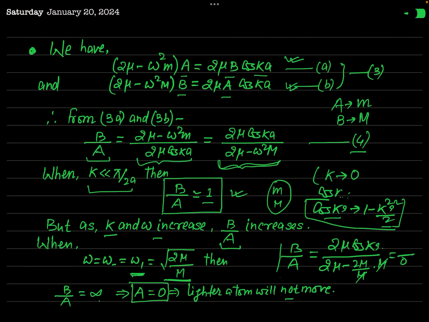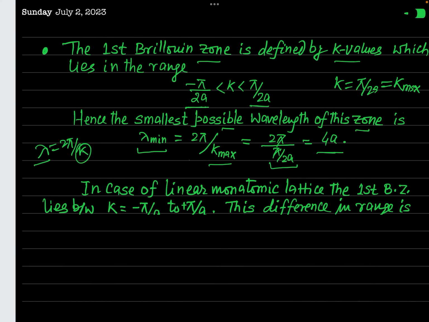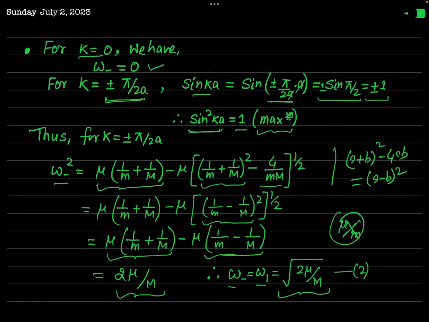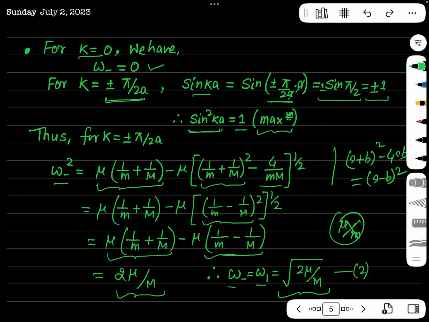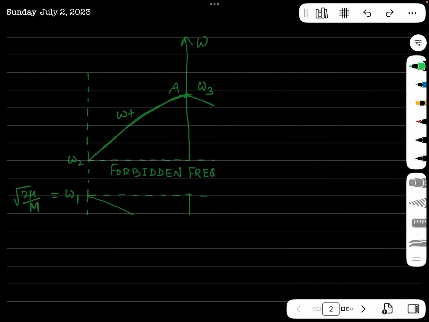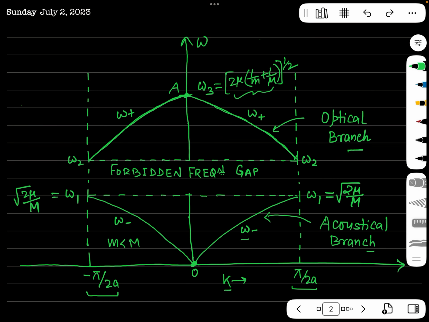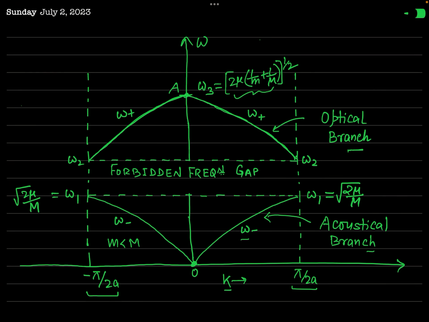So you can see the dispersion relation curve here. This is your curve. Here omega 2, what is omega 2? You have obtained that this omega 2 is equal to the square root of 2 mu by small m.